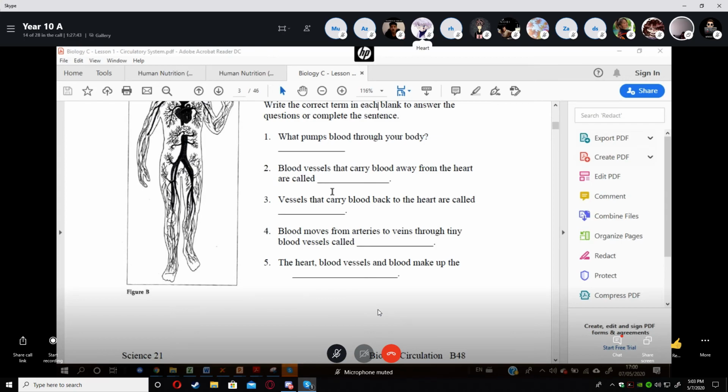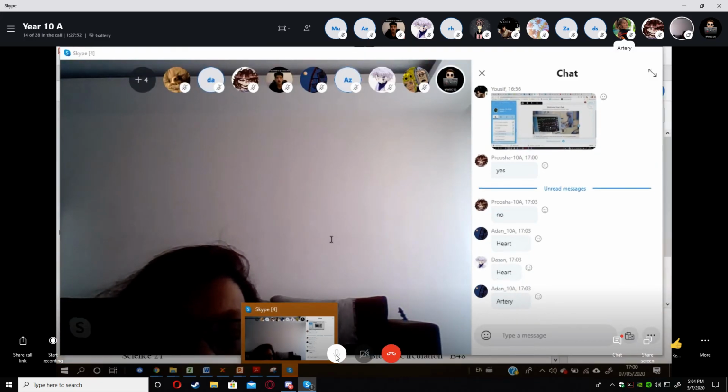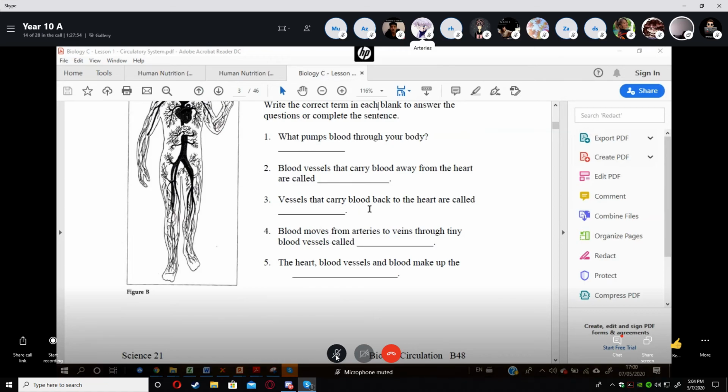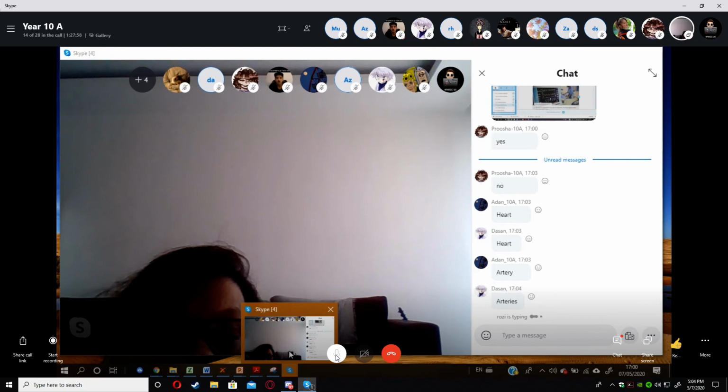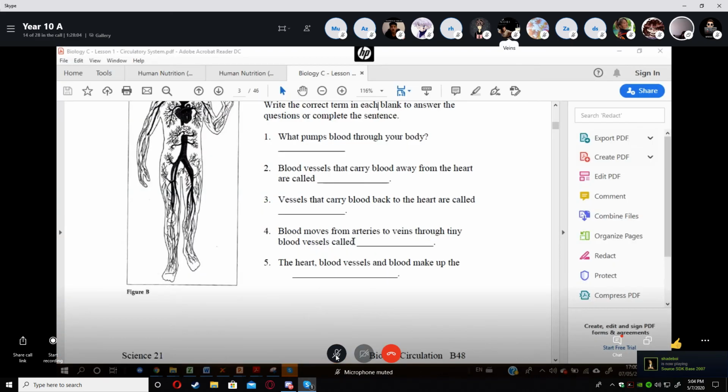Blood vessels that carry blood away from the heart are called arteries. Right. Vessels that carry blood back to the heart are called veins. Okay, write it down. Blood moves from arteries to veins through tiny blood vessels, which are called capillaries.